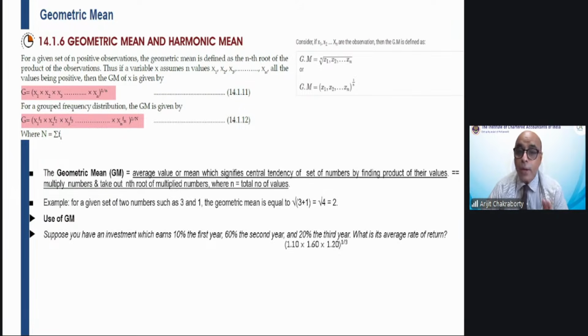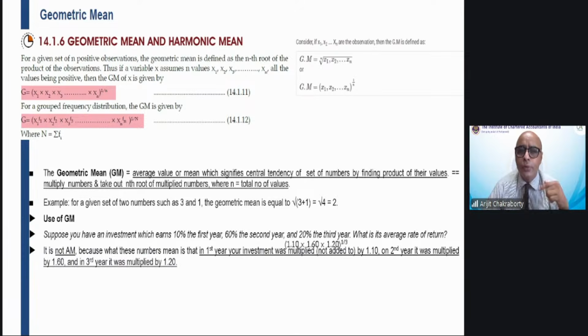But is this the right indicator? Not really. And that is where the reasoning comes up. Now here, arithmetic mean seems to be the easiest option. But if you see the investment in the first year, it's earning 10% return. So the reasoning is that the investment is multiplied by 1.10 because 10% is the return on the investment.